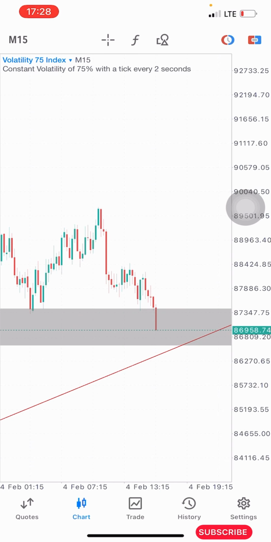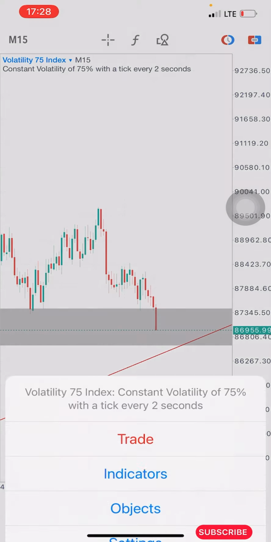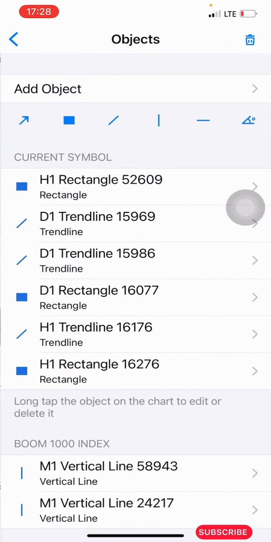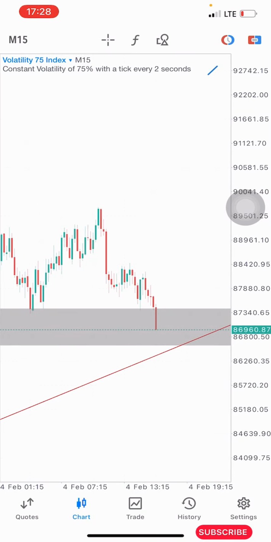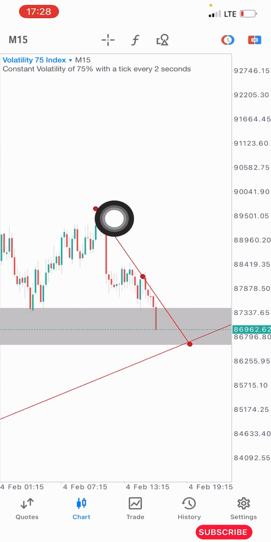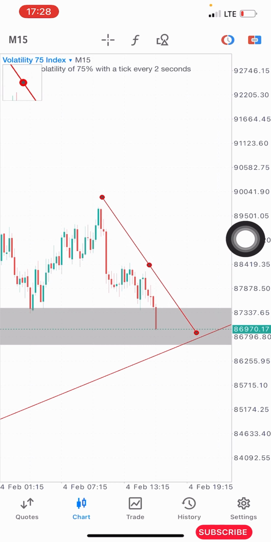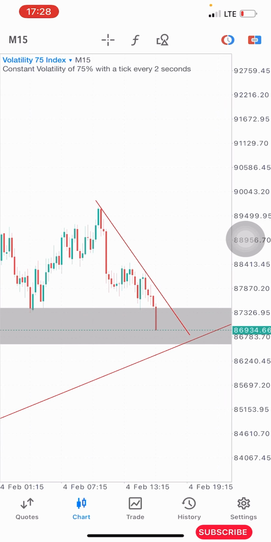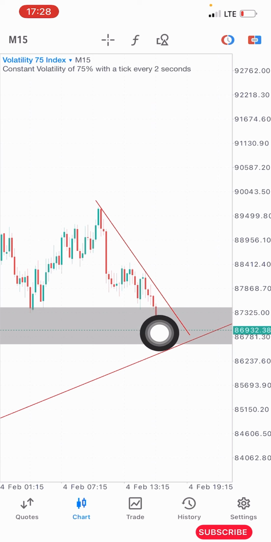All right, so now I'll still put in some trend lines here to help me, because I'm just coming into the market, right? So you can see I joined this here and here. The two structures, I connected them together. So what I will be waiting for now is for price to break above this, right?